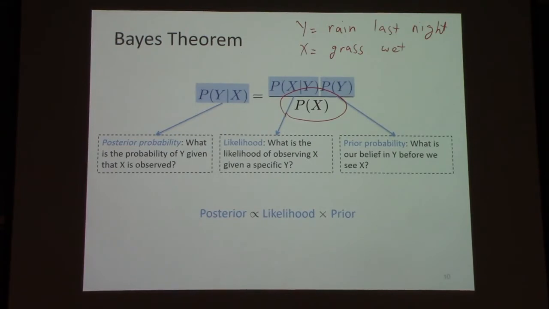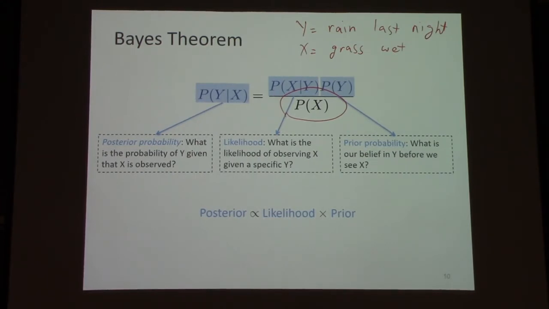Before going ahead, are there questions about this? Yes? If we were to multiply by probability of X and divide by probability of Y, we've just reversed everything. And so now P of Y given X is a likelihood. So how do we say that P of X given Y is the likelihood of X? Or is that the likelihood of Y?